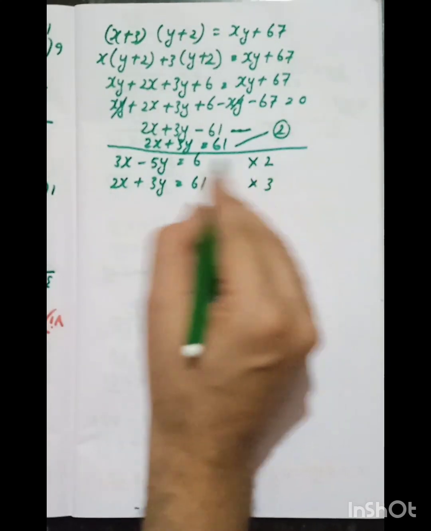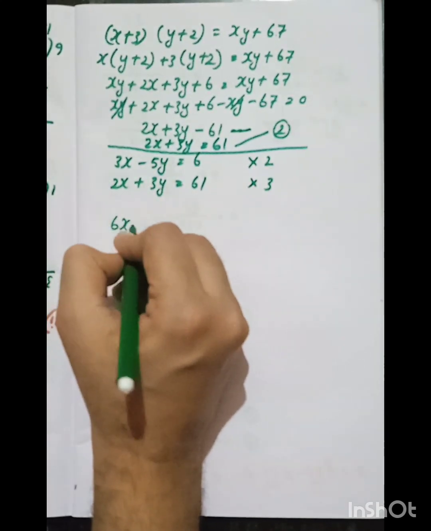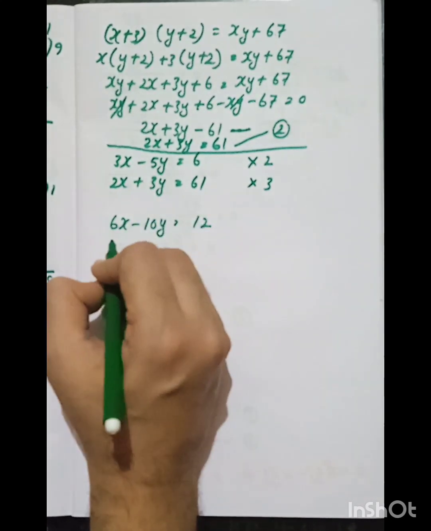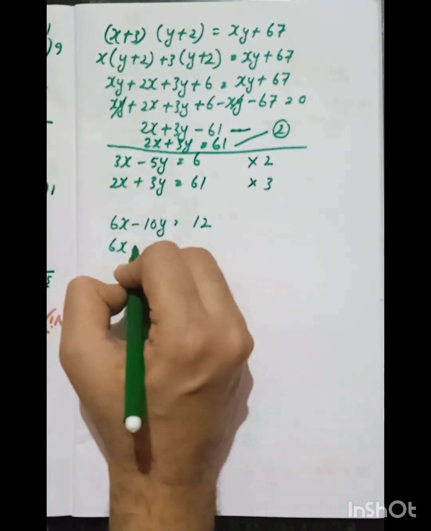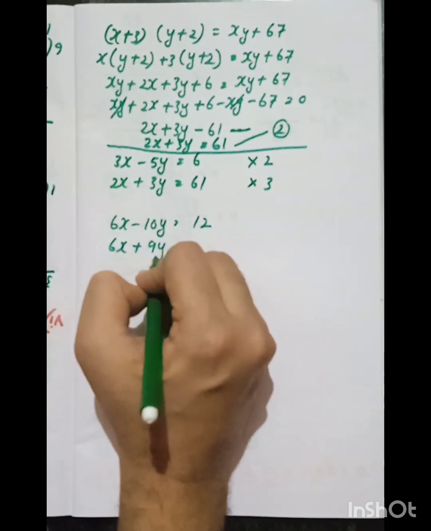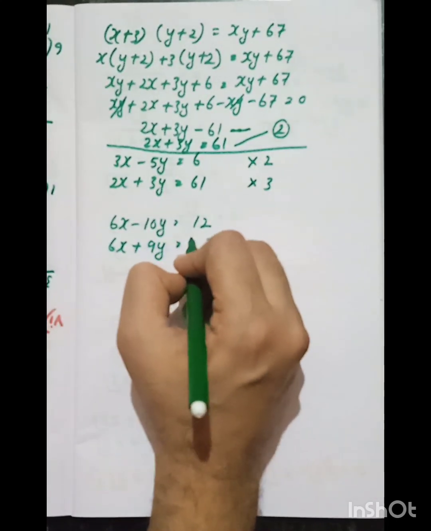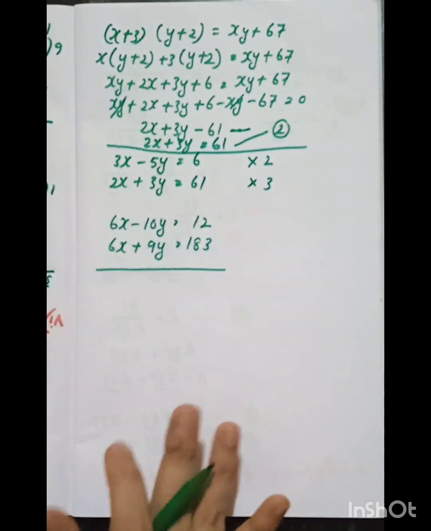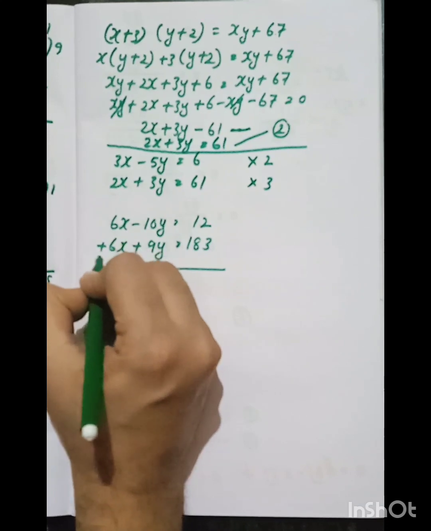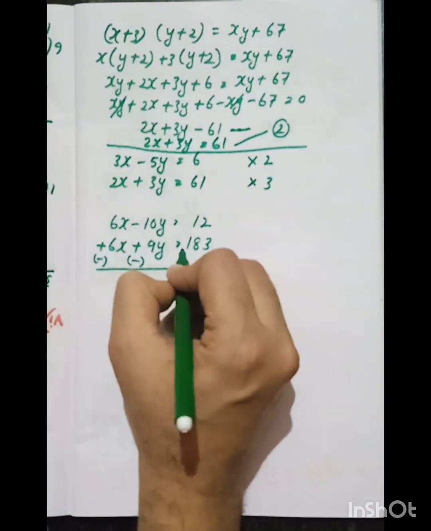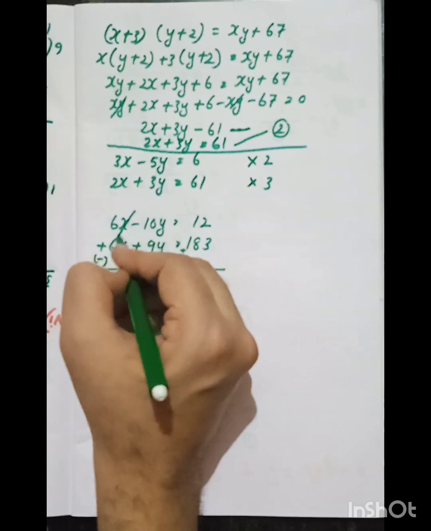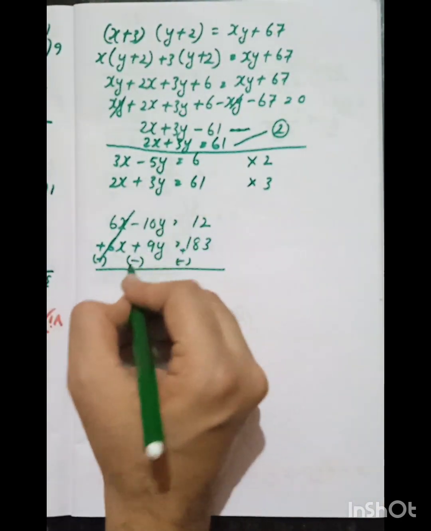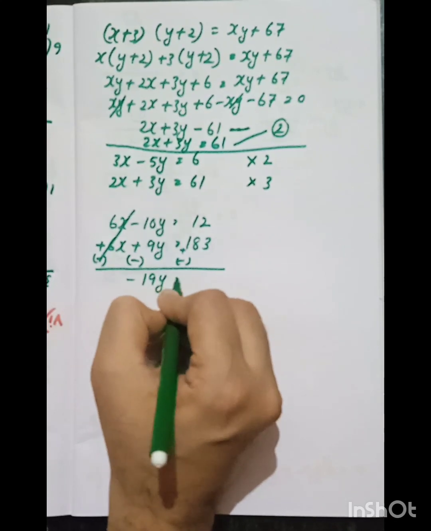Now multiply. 3 twos are 6x minus 5 twos are 10y equals 6 twos are 12. 3 twos are 6x plus 3 threes are 9y equals 61 times 3, which is 183. Now let's change the signs. This plus becomes minus, and this plus becomes minus.